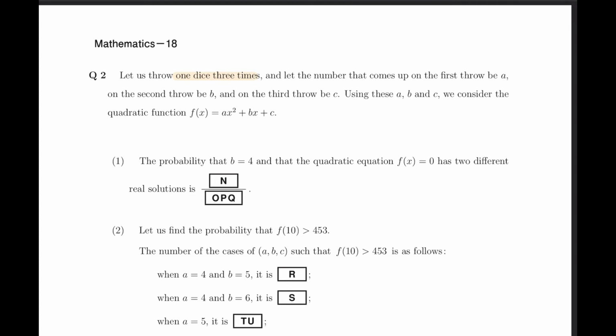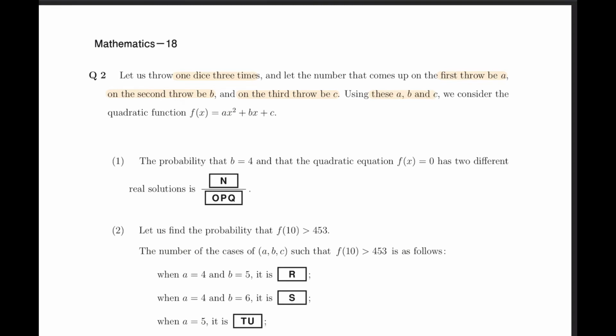Let the number that comes up on the first throw be A. The first throw is A. And then the number that comes up on the second throw is B. And then the number that comes up on the third throw is C.